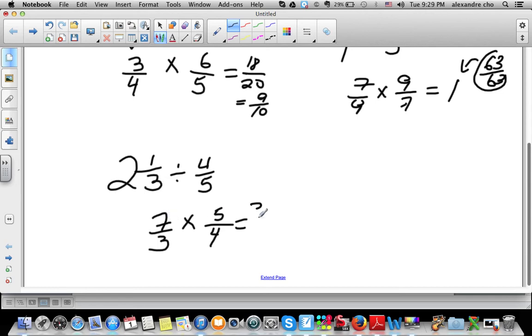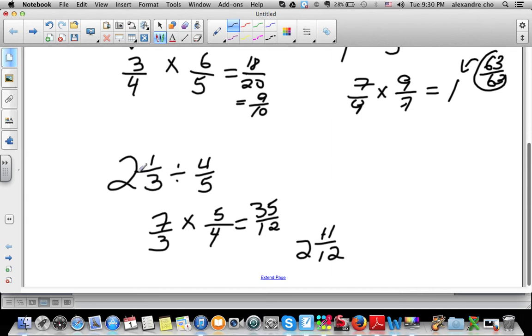7 times 5 is 35. 3 times 4 is 12, which you can change to a mixed number. 12 goes into 35 2 times, 24, 11 left over, I'm sorry, over 12. Okay, so that's multiplying with the reciprocal.